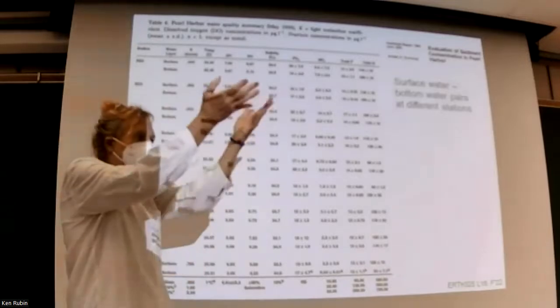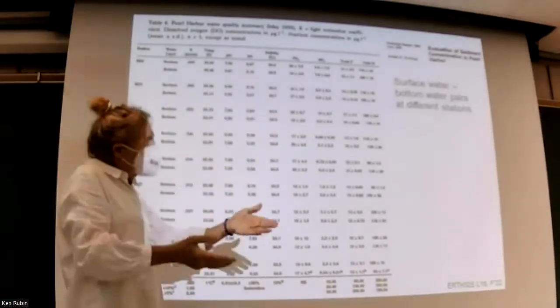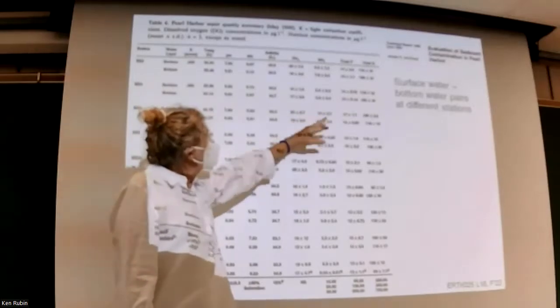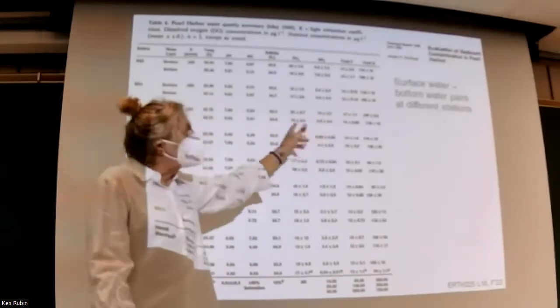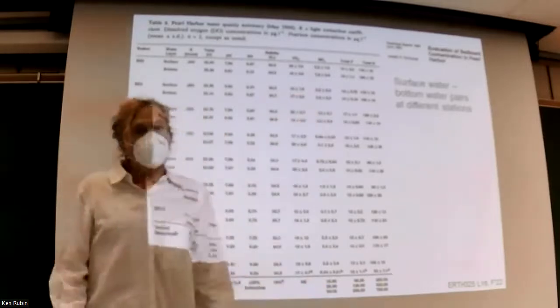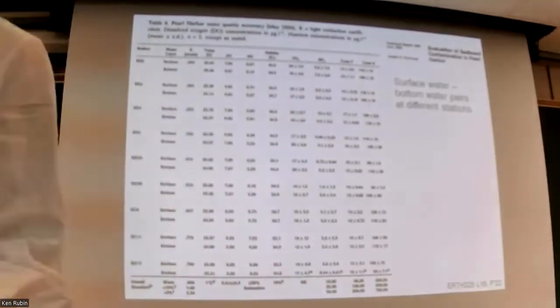Some of that is being consumed by photosynthesis, so there's not as high a concentration of free nitrate and phosphate when we go down to the bottom water. You can see at this location, ammonia changes from 14 to 2.5. So most of it's being consumed.